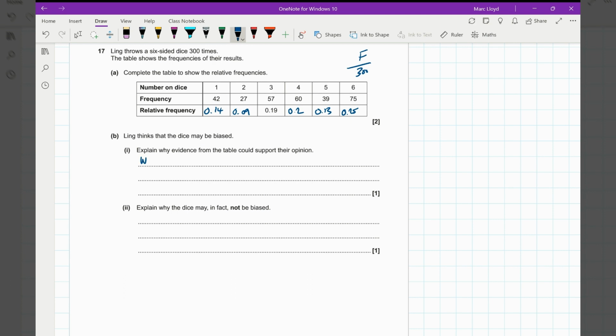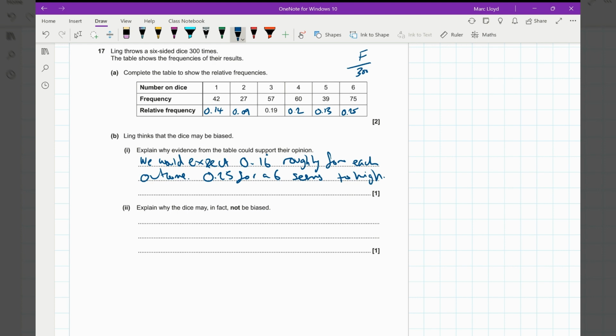So we would expect 0.16 roughly for each outcome. And then I'm going to say 0.25 for a 6 seems too high. And yeah, I'm happy with that.